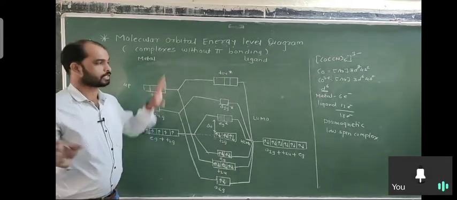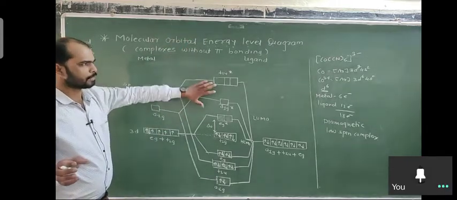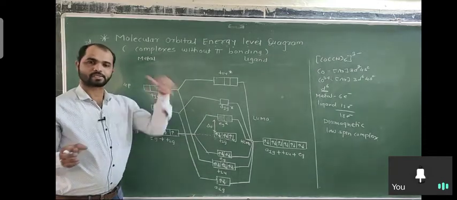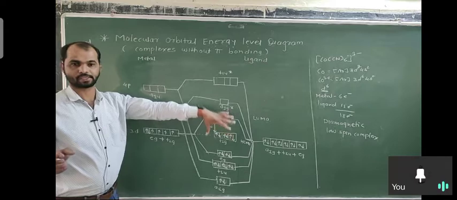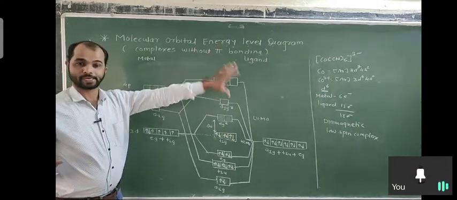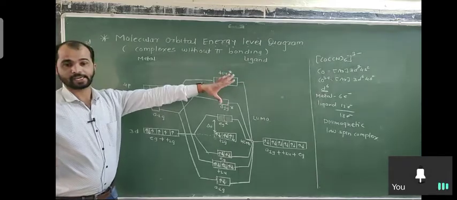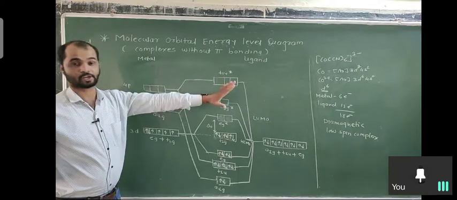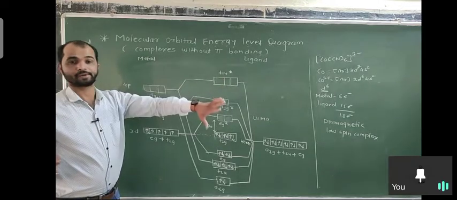So this way it is the inner orbital complex, and the last one is the outer orbital complex, high spin complex, low spin complex. So this way there is a comparison, same metal ion is given but ligand is different. So you can try the different complexes which are given in the exercise.